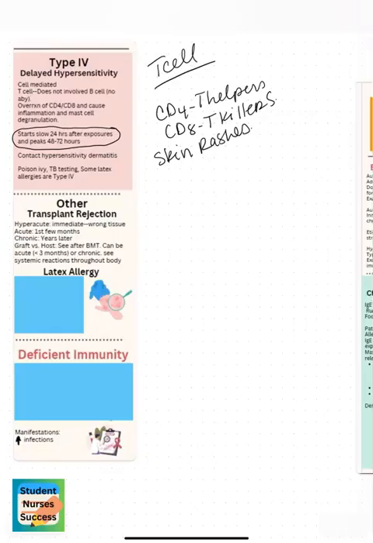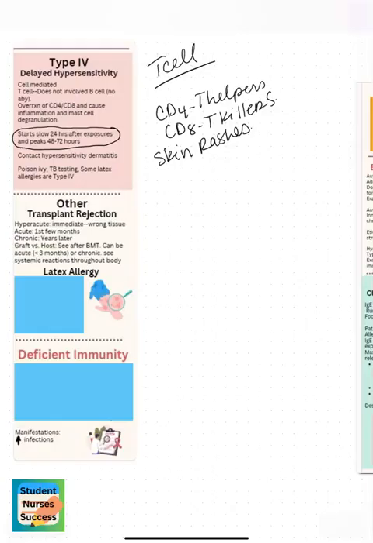There's also something called graft versus host, and we see this after a bone marrow transplant or a stem cell transplant, where we give the host a new set of stem cells, that's the graft, and what can happen is the graft will actually start attacking the host if it takes over.